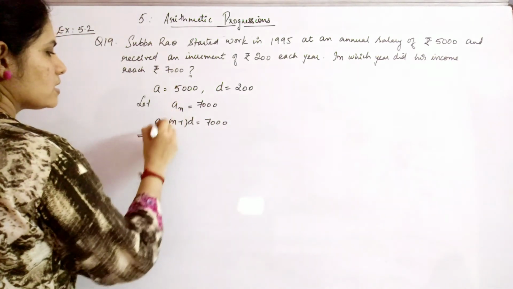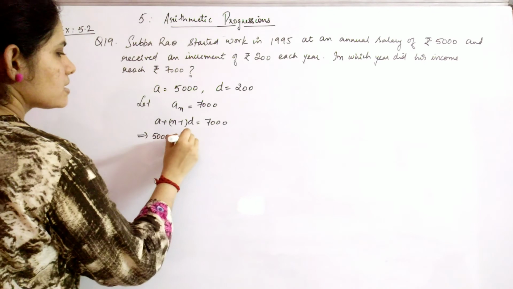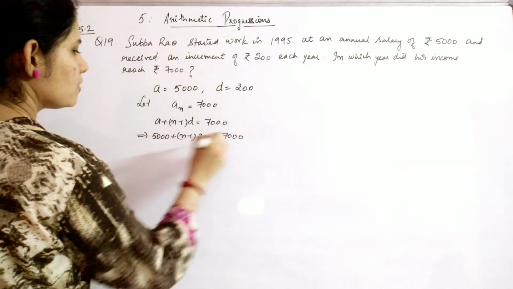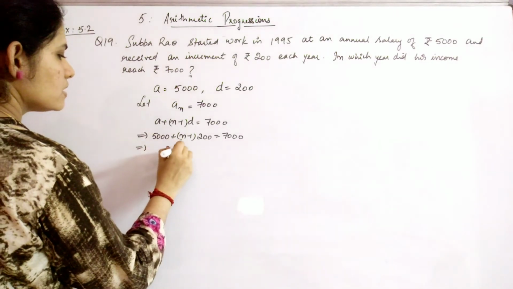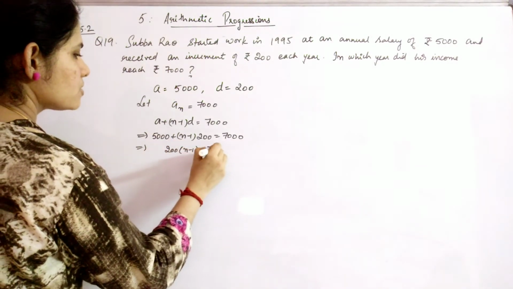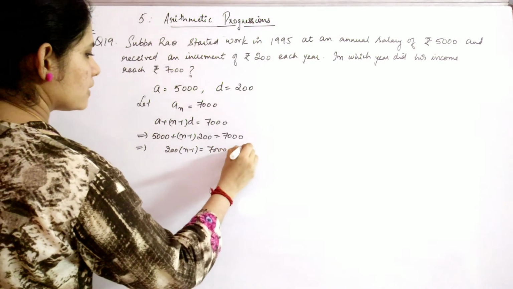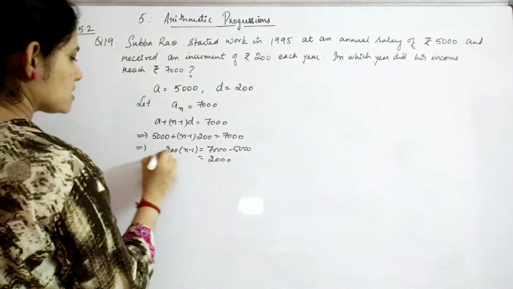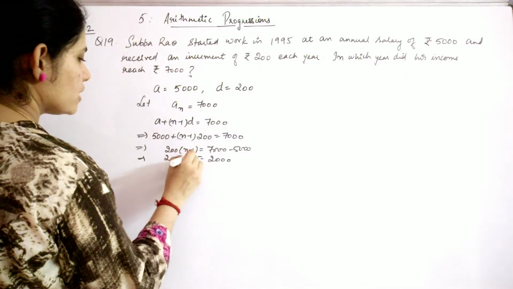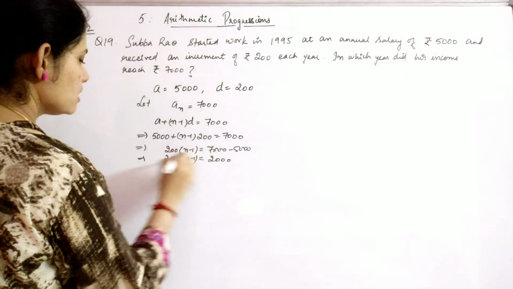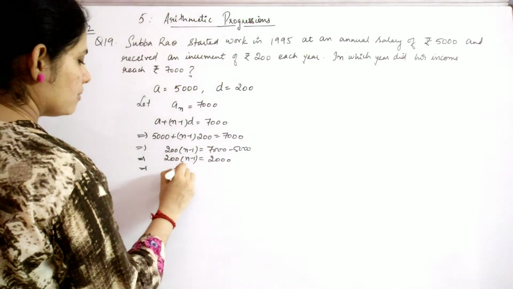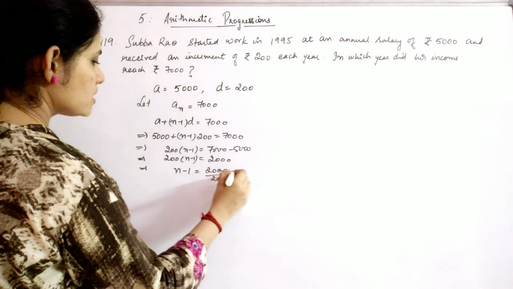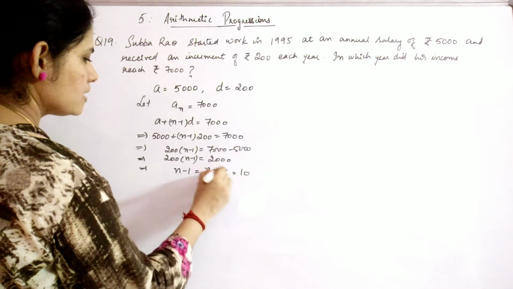Right. So what is A? It is 5,000 plus n minus 1 into d, which is 200, equal to 7,000. So you are getting 200 into n minus 1 is equal to 7,000 minus 5,000, which will give you 2,000. That means n minus 1 is 2,000 by 200, which is 10, right?